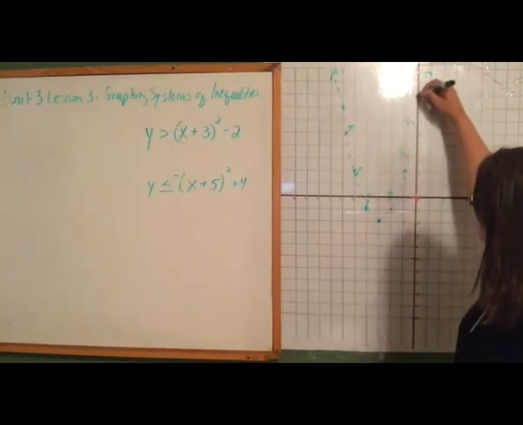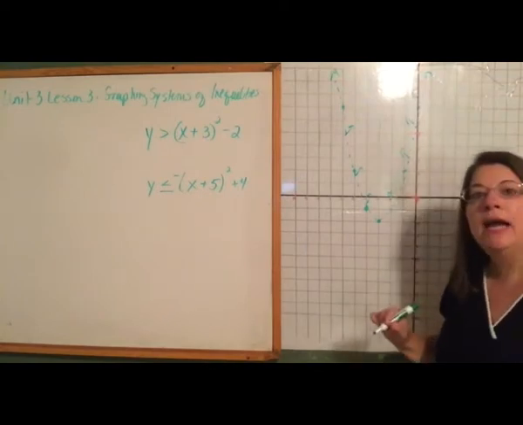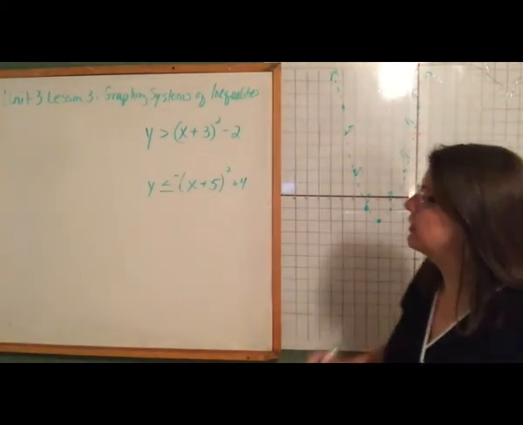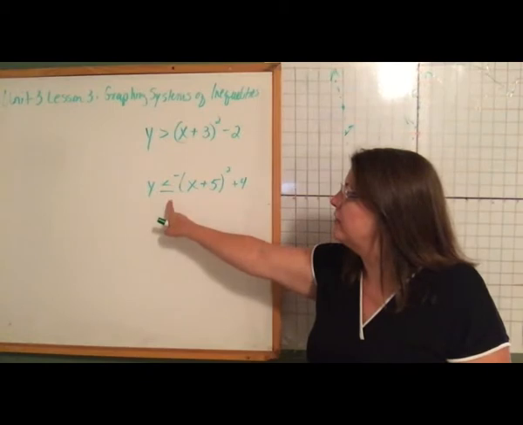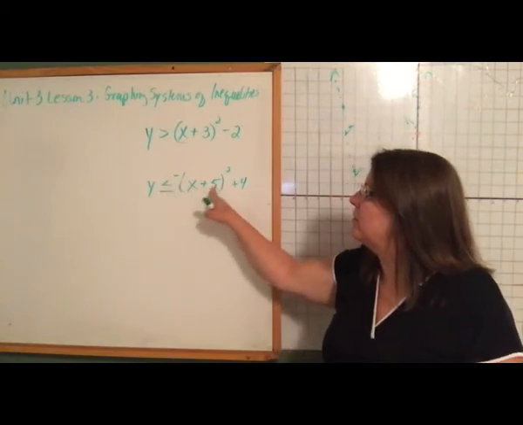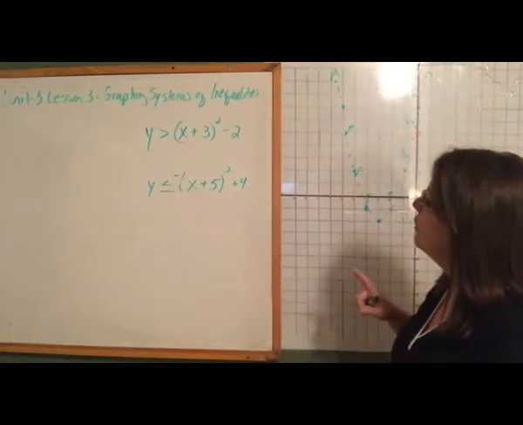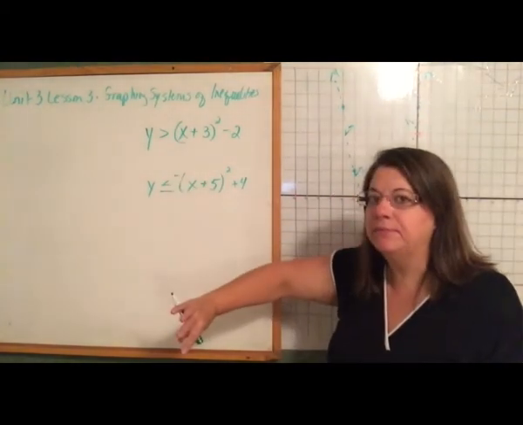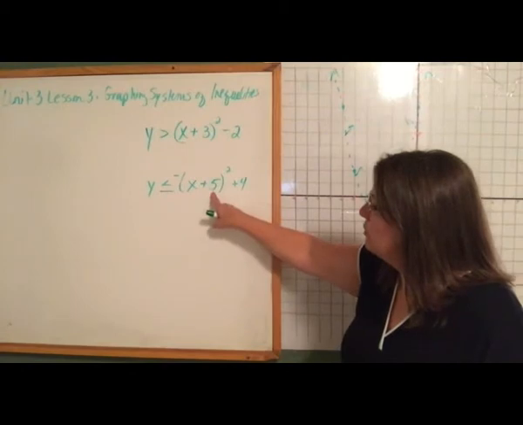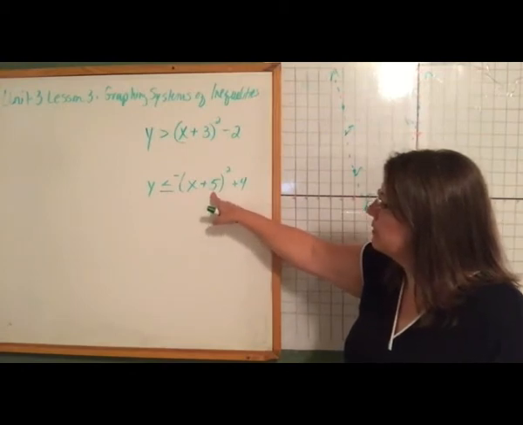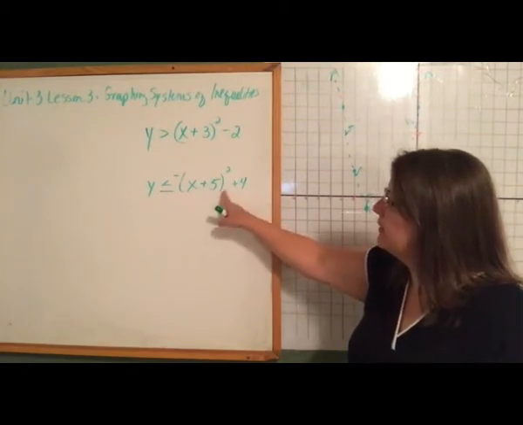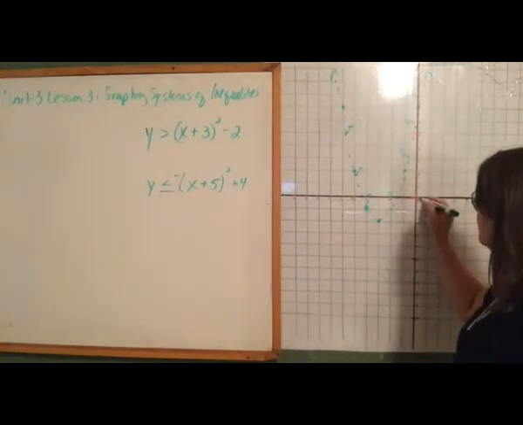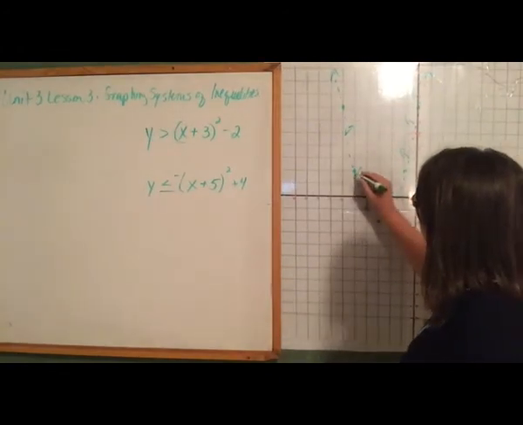So I go ahead and do everything for each individual parabola, and then I kind of combine the two together. For this one, y is less than or equal to negative (x plus 5) squared plus 4. Well, for this one, the negative 1 tells me it's going to flip upside down. I'm going to move from the vertex, or from 0, 0, left 5, up 4. So this time I'm going left 5, up 4.